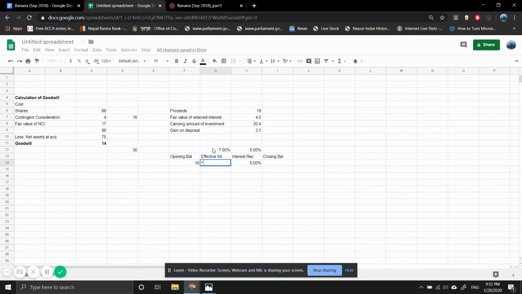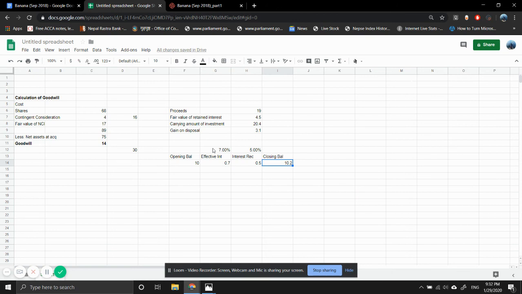So this will be this percentage into this, right? And then this will be this figure into this figure, right? This will be this plus this minus this. 10.2 will be our closing balance, right?